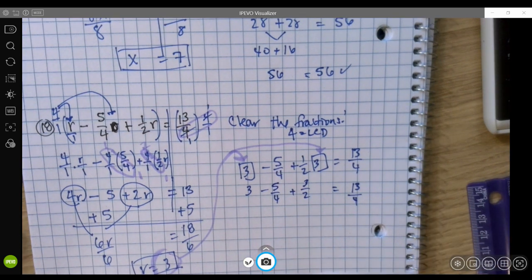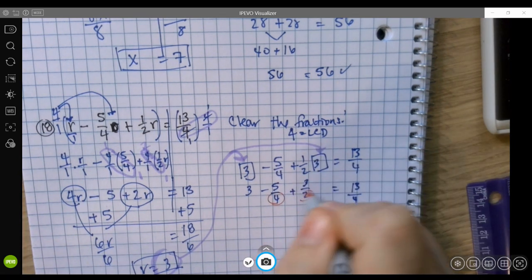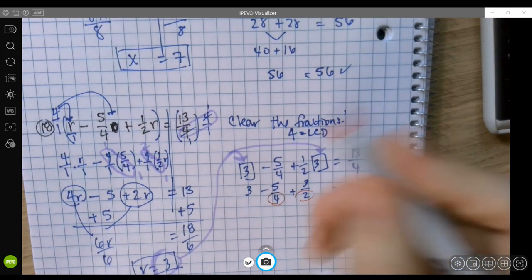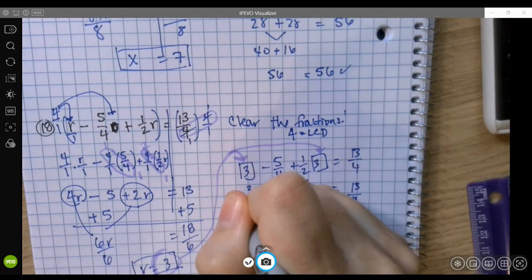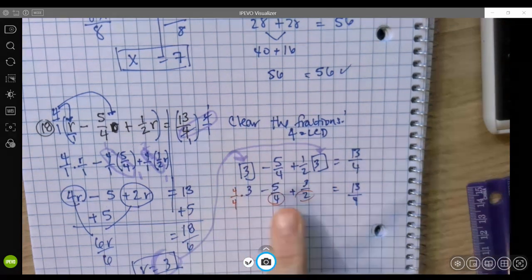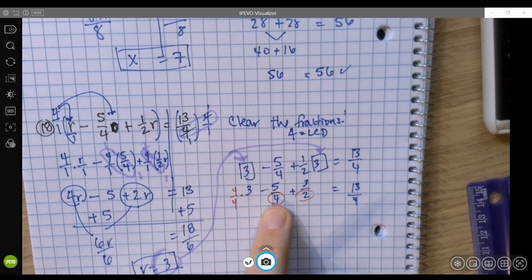I'm going to put everything at the common denominator, and I'm pretty lucky because I'm looking at 4 and 2 in my denominator. My lowest common denominator is going to be 4. So I'm going to multiply this by 4 over 4 to get it to 4 in the denominator. I already have 4 in the denominator for my second term, so I don't need to do anything there.